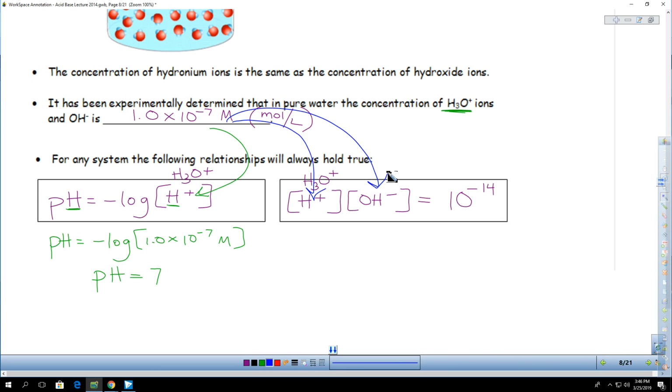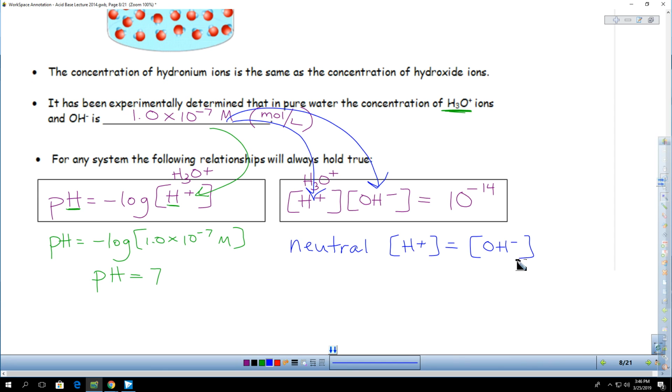Wow. So in a neutral solution, the hydrogen concentration equals the hydroxide concentration. Neutral just means that there's the same amount of hydrogen and hydroxide. In a pure sample of water, it's neutral. They're formed at a 1-to-1 ratio.